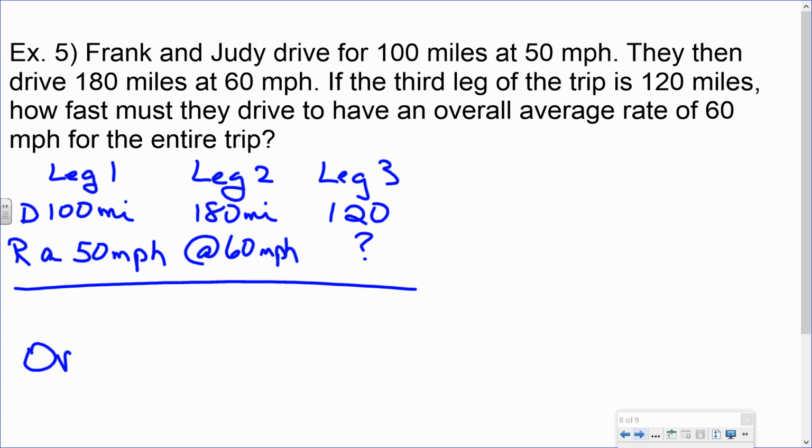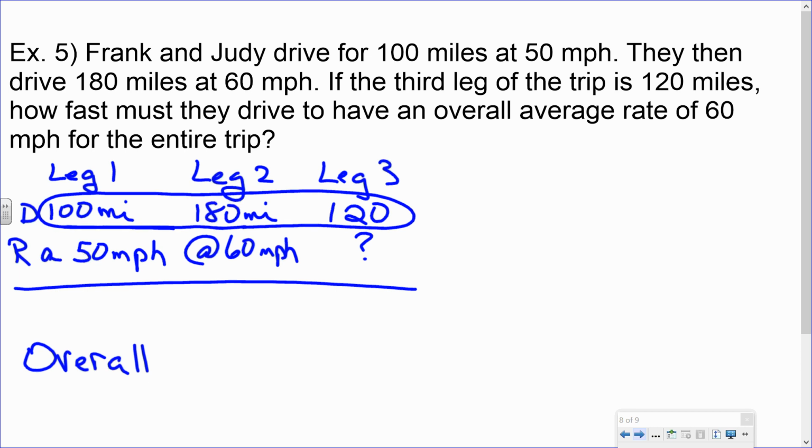Overall, though, the total trip is going to be how long? So 400 miles is the total distance. And I don't know anything about how long the trip takes.